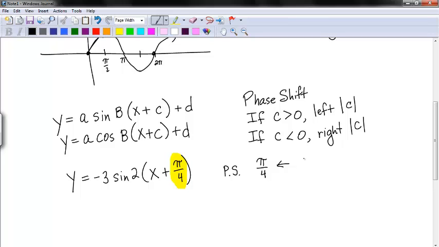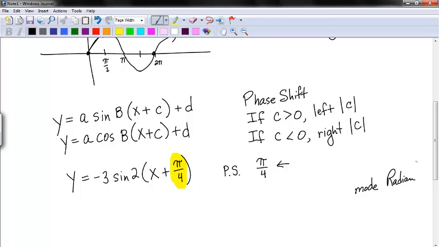Okay, so let's take one, just a basic one, on your calculator. Do this with me. First, check your mode. Make sure you are in radian mode. And let's do just zoom trig.